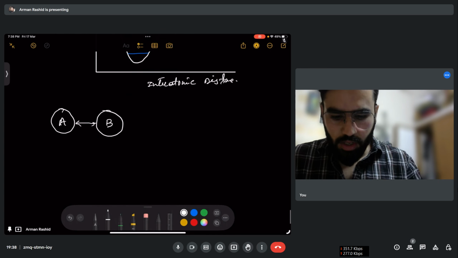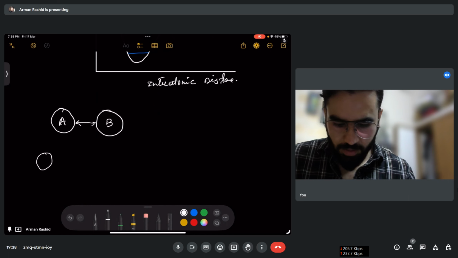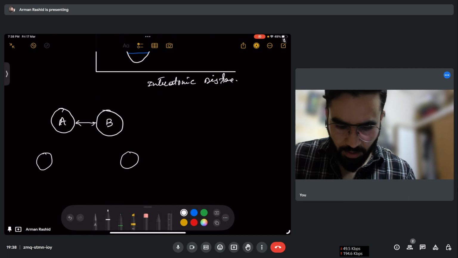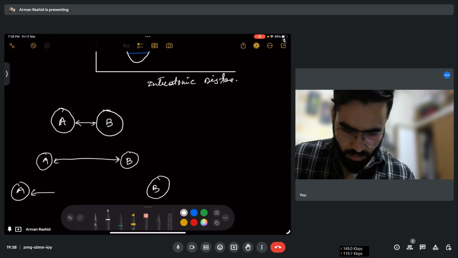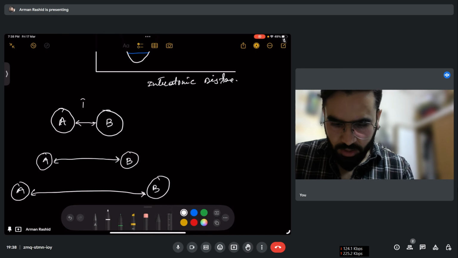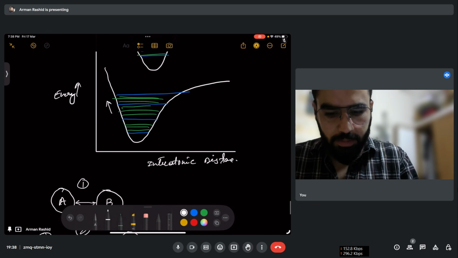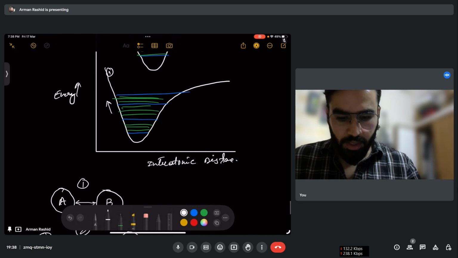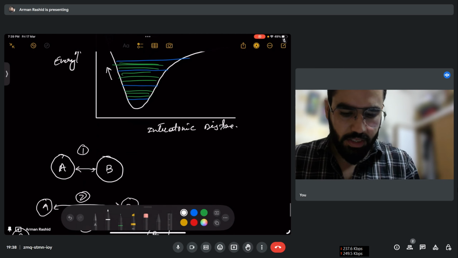Now this is A, this is B. If this is 1, this is 2, this is 3: at 1 they are very close, so one state is here. At an intermediate distance, the energy is lowest, it is here.